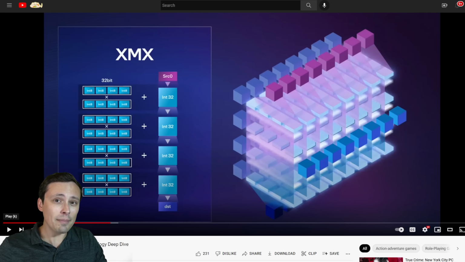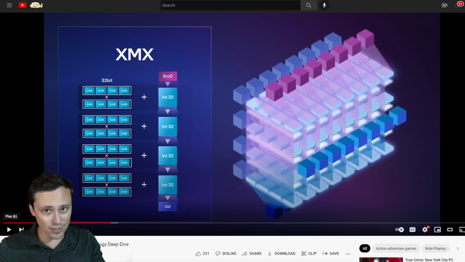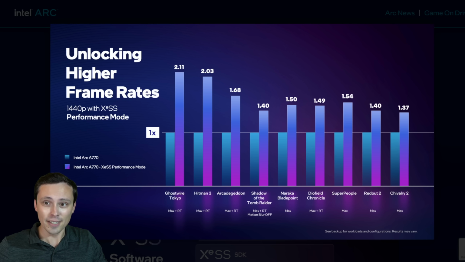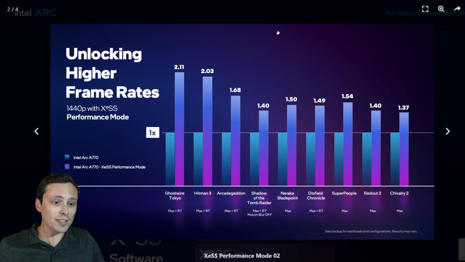Now, does that mean that it's going to be 4 times faster in terms of frames per second when running on Intel hardware? I don't think so, okay? Now, they've given us some frame rate counters and things like that for how this runs in specific games on Intel hardware, but they have not shown what this looks like using this DP4A fallback support.